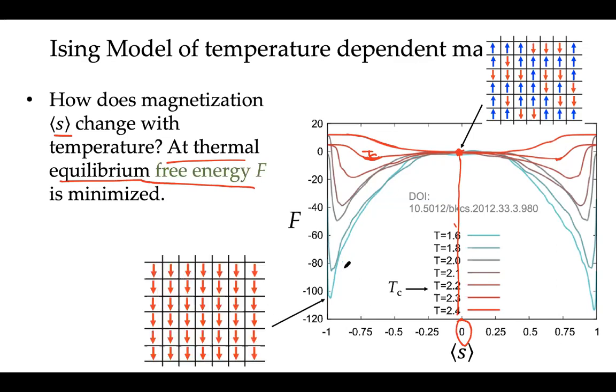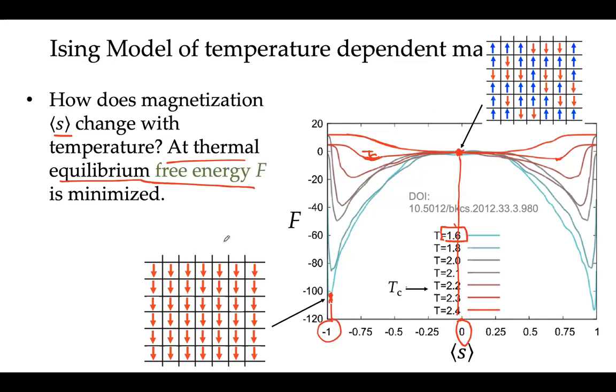If you go to low temperature, well, in this example it's not 0 temperature, it's actually 1.6, but it's way below Tc, so it's a low temperature. Let's say all the spins are aligned in the negative direction. The minimum of the free energy at this low temperature occurs here, and that corresponds to magnetization -1.